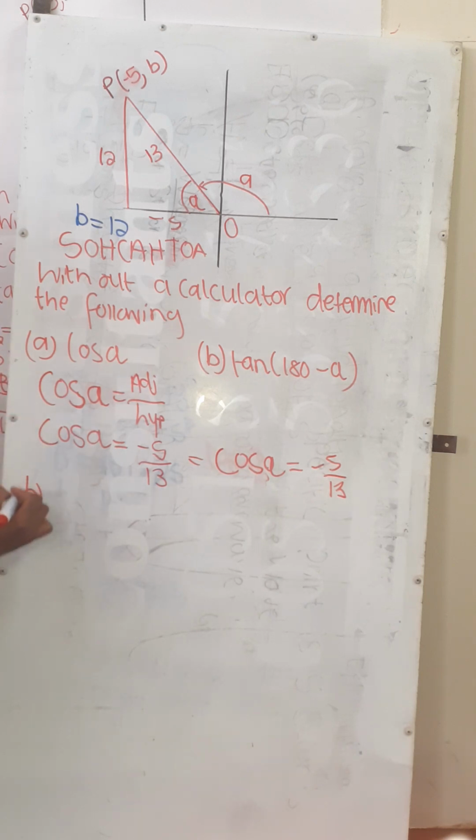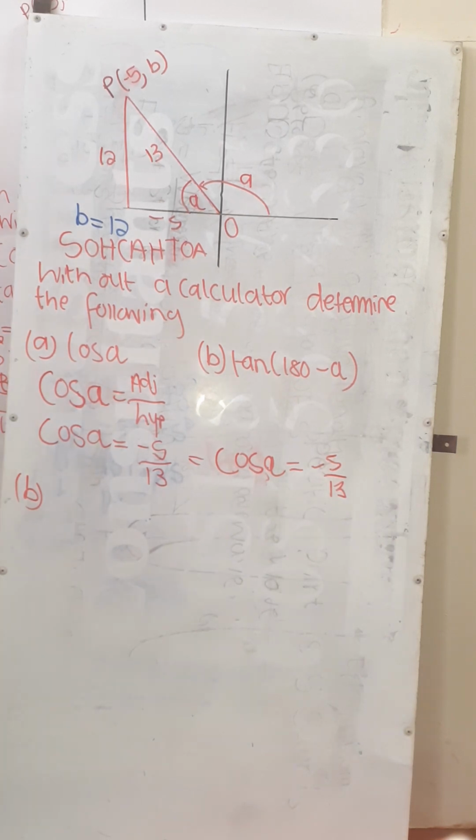Now for B, we first have to check in which quadrant tan is positive. You are going to find out that in the quadrant of 180 minus alpha, tan is negative.